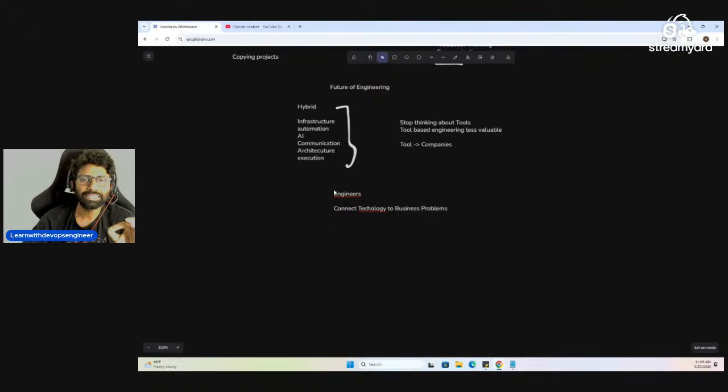This is the future, guys. An engineer who can connect technology to business problems. It can be any business. I gave you an example of a bank. Just think out loud. There are so many different businesses across different industries. If you can connect technology to those business problems, definitely you are going to get a lot of success.